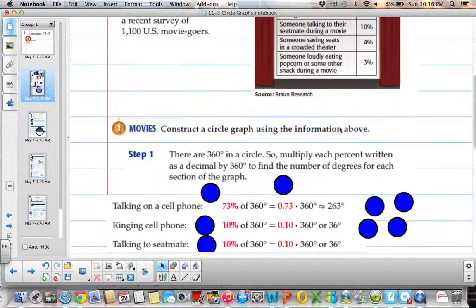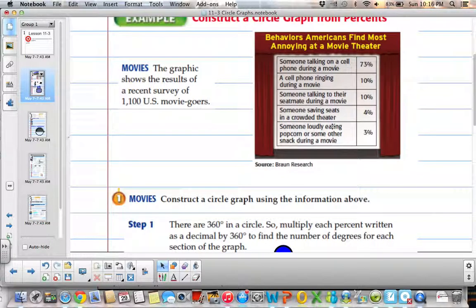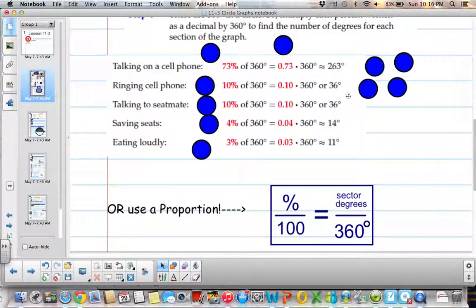So we know by looking at this already that the biggest part of our circle is going to be someone talking on a cell phone, because the majority of the people answered that way. But we also can see that the highest degree, much higher than everything else, is talking on a cell phone.